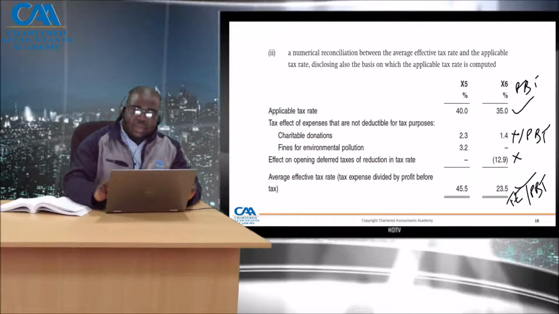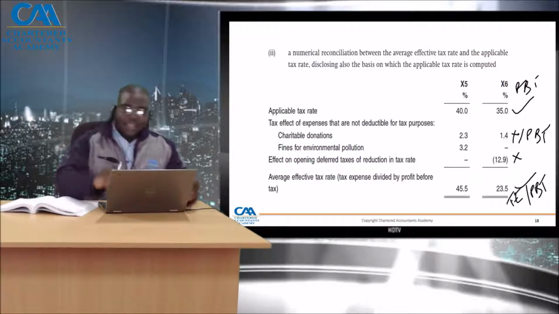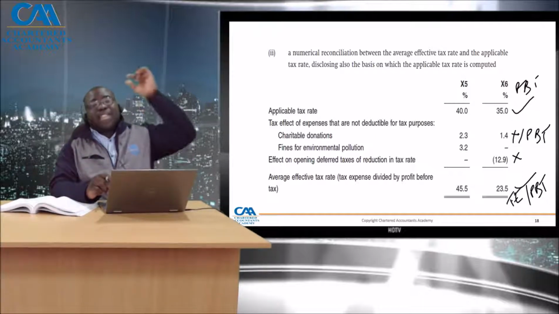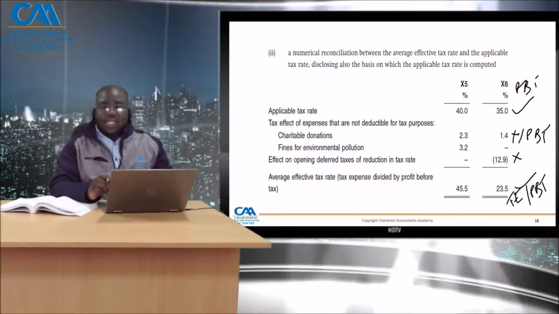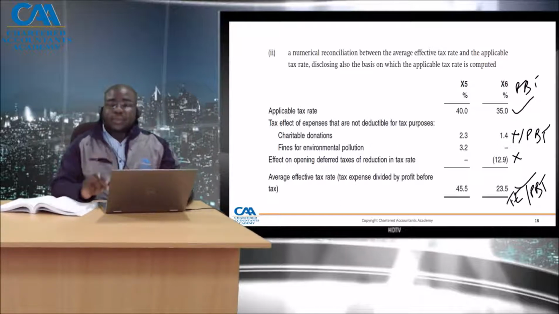So you're saying X over profit before tax. You then can get an effective percentage. That effective percentage gives you the net average tax rate, which is almost like saying your tax expense over profit before tax. So to come to this, you are saying the tax expense over the profit before tax.